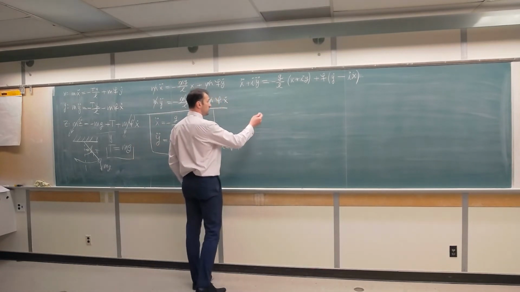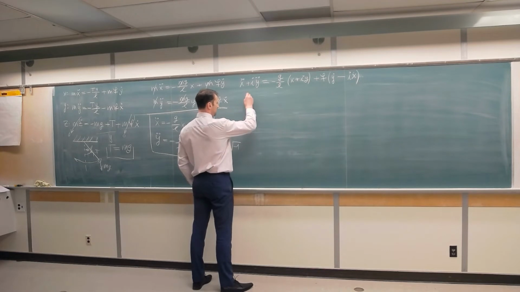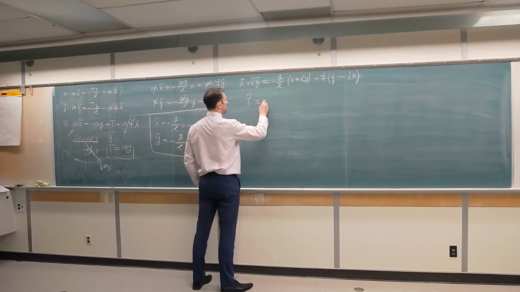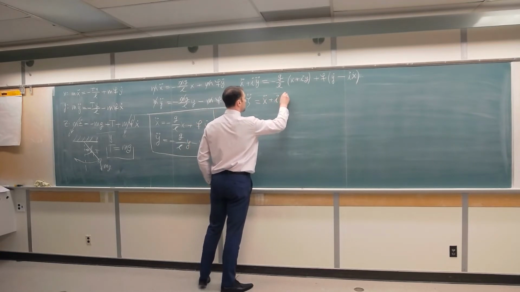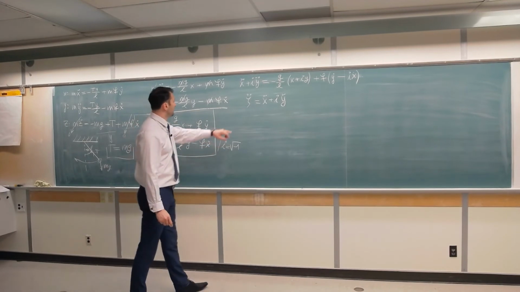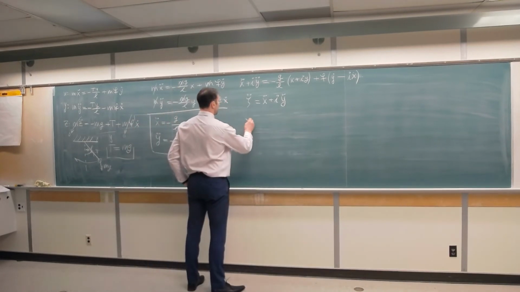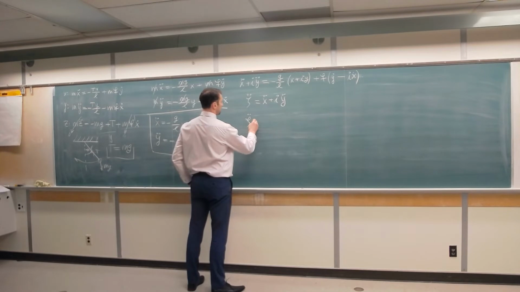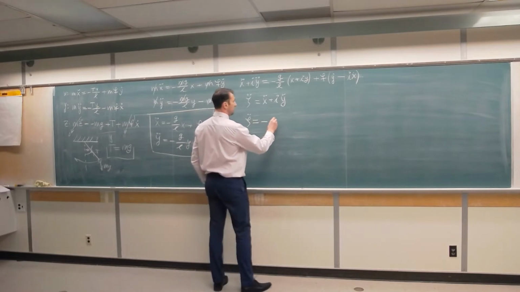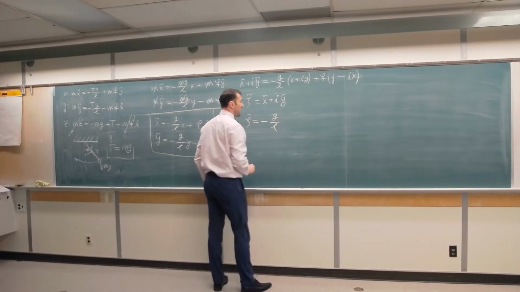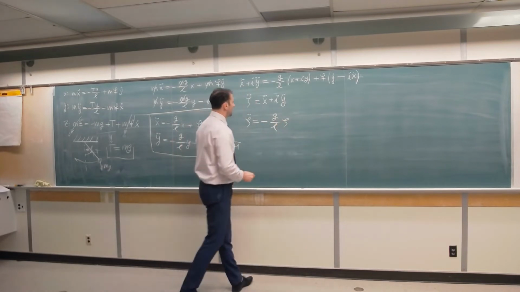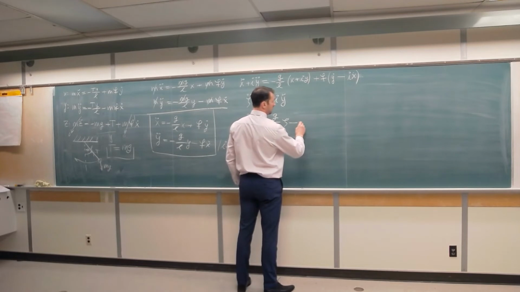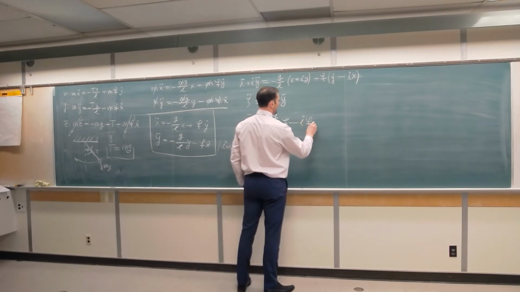Now I will introduce a substitution that zeta double dot is equal to x double dot plus i y double dot. With this substitution, I go here and I get that zeta double dot is equal to negative g over L times zeta and negative i f zeta.